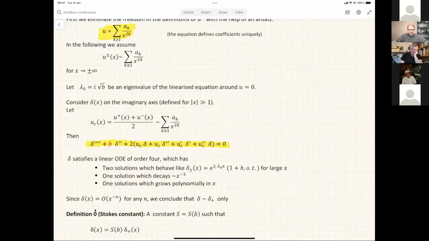And the standard method, based on complex matching, can be used to show that if s of b is non-zero, so u plus and u minus are different in the complex time, then the stable and unstable solutions of the original equation, where the parameter a is not equal to 0, are also different.